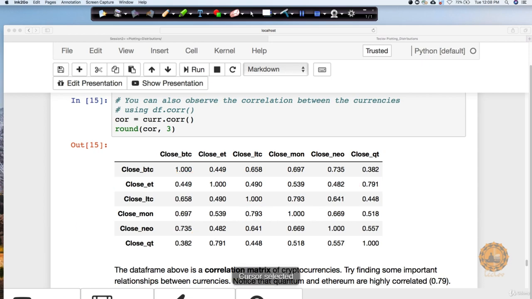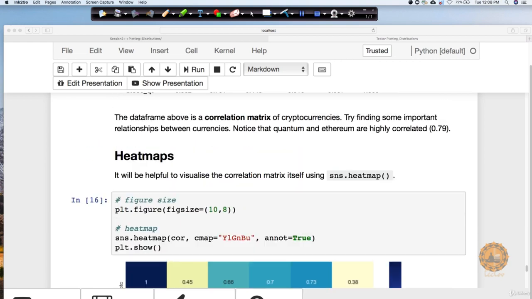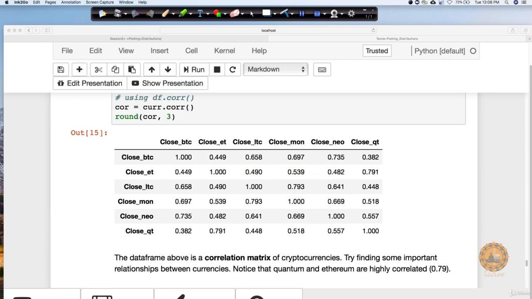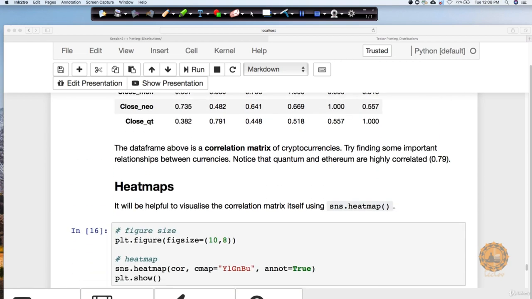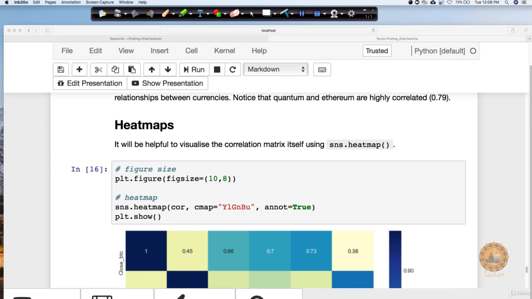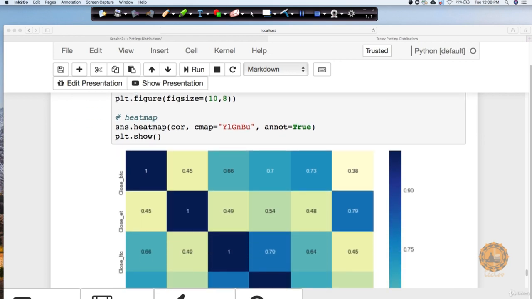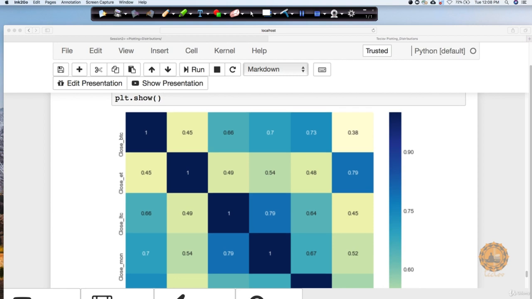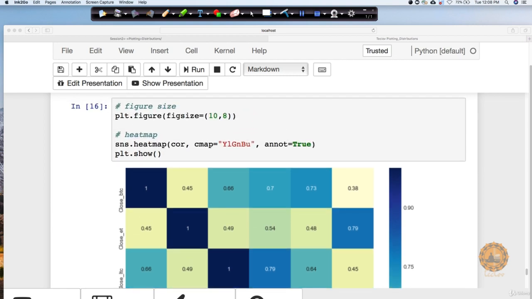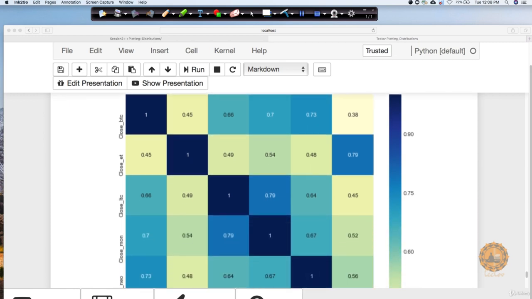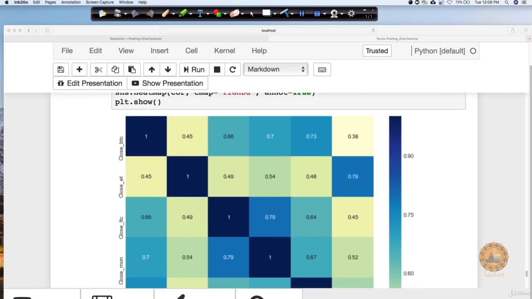Now, here this is the correlation matrix, and right now by looking at this it's very difficult for me to visualize this. So what we do is we take the help of something called heat maps. So a heat map is going to print out the values for you in the form of a matrix, and you can see here that if it is dark blue, that means it has a very high correlation.